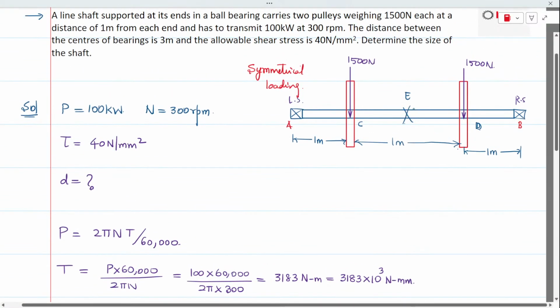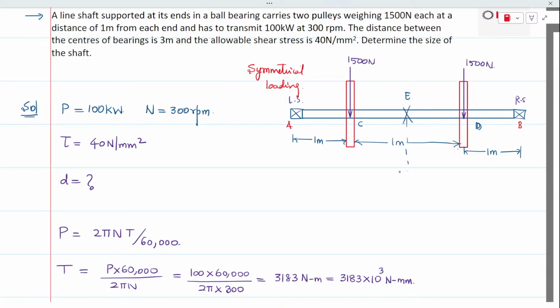Let's say this is point E. This is just to confirm for you all that bending moment between C and D is going to be constant. So that is why I am doing this calculation. So this distance comes out to be 1.5 meters.